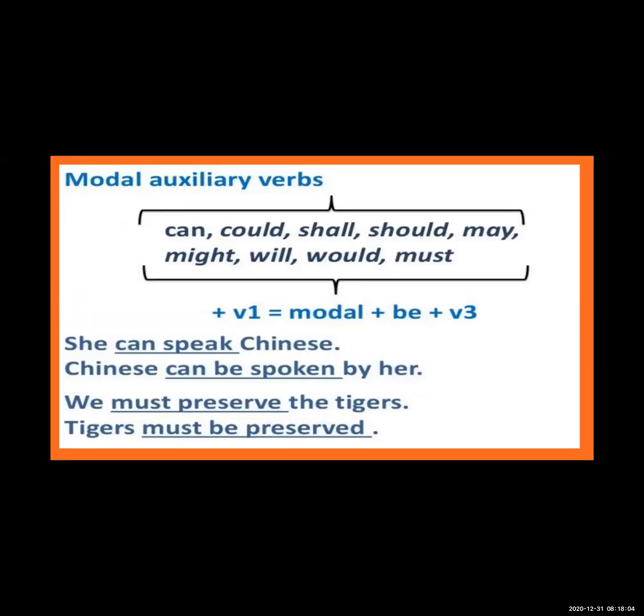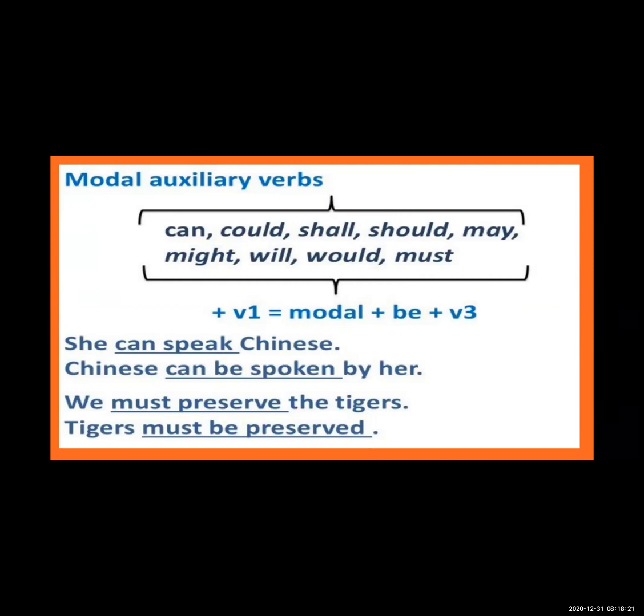Now here are some auxiliaries given: can, could, shall, should, may, might, will, would, must. Now as I have told you already, over here I'd like to tell you about the modal auxiliaries, how they work.